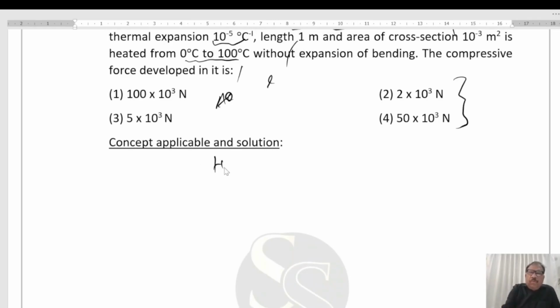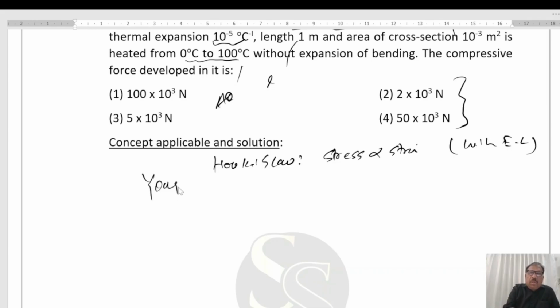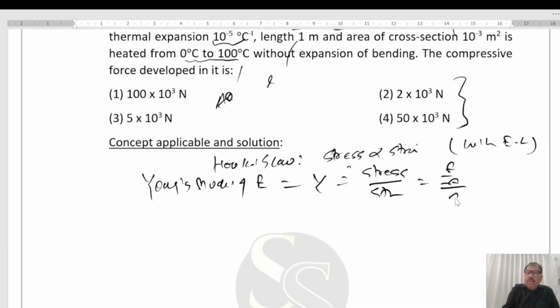You know Hooke's law: stress is proportional to strain within the elastic limit. Then Young's modulus of elasticity is stress upon strain, that is Y = (F/A)/(delta L/L), equation 1.